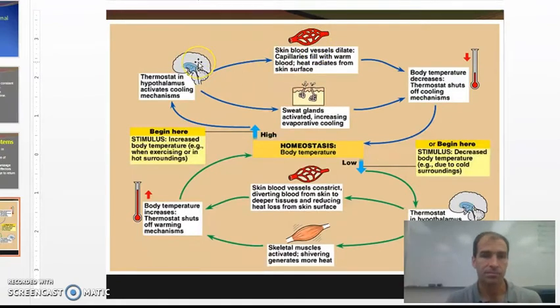The brain, central nervous system. Here we have sweat glands, technically the endocrine system, although partially the nervous system as well. Skeletal muscle, muscular system. And so these different systems all integrate to do whatever is possible to keep body temperature normal.